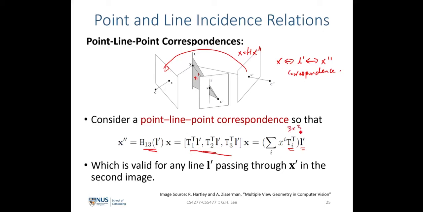It's actually a 3x3 matrix, and the summation over xi, this xi simply refers to the ith entry of the image point. We can make use of this to represent the homography relation.